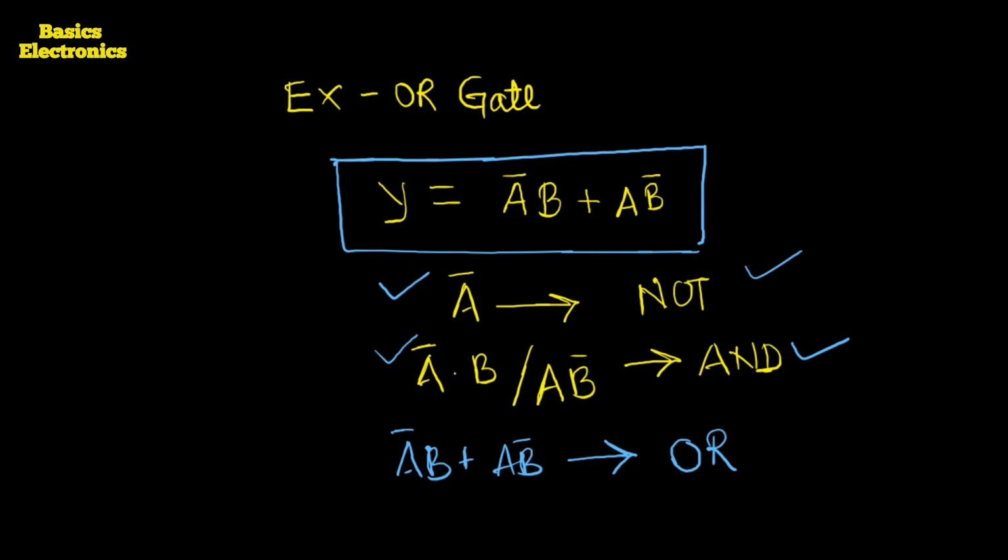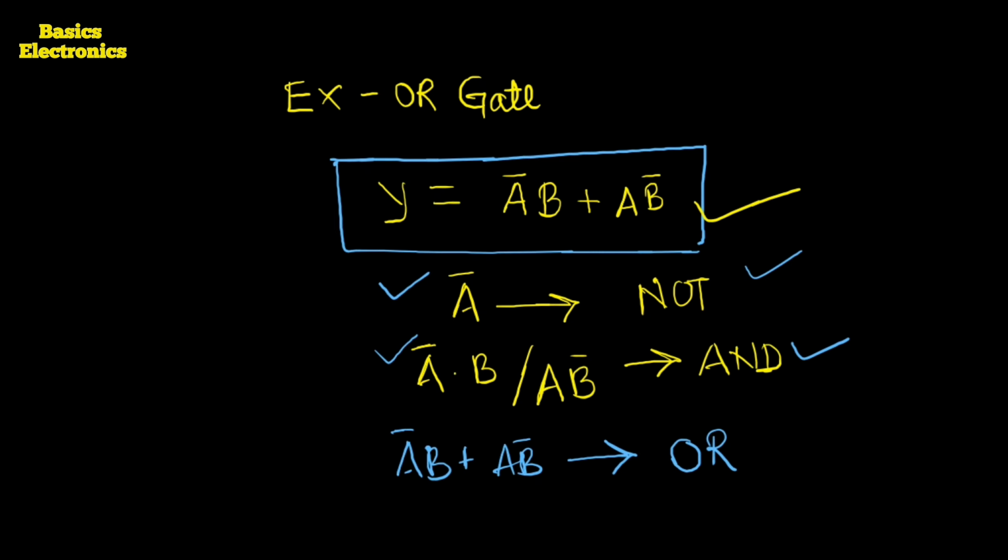It means for the construction of a logical diagram for this equation, we require to use all these basic gates. That's why we are saying the XOR gate is constructed by using all the basic gates, such as the NOT gate, AND gate and the OR gate.